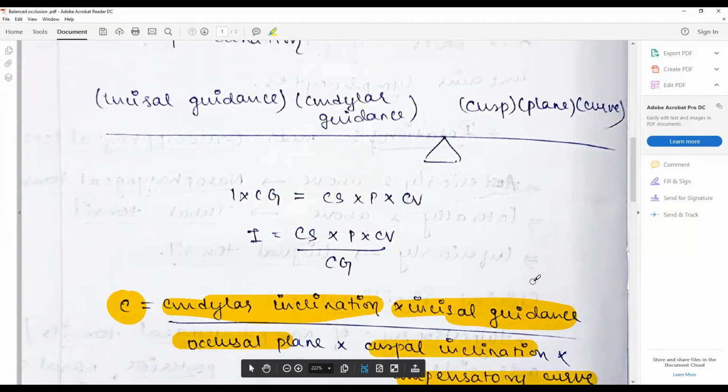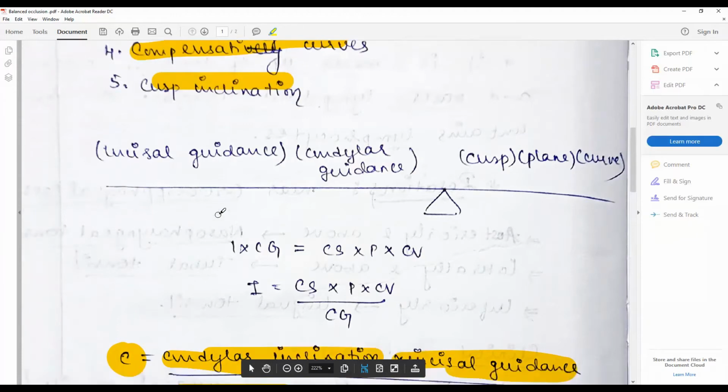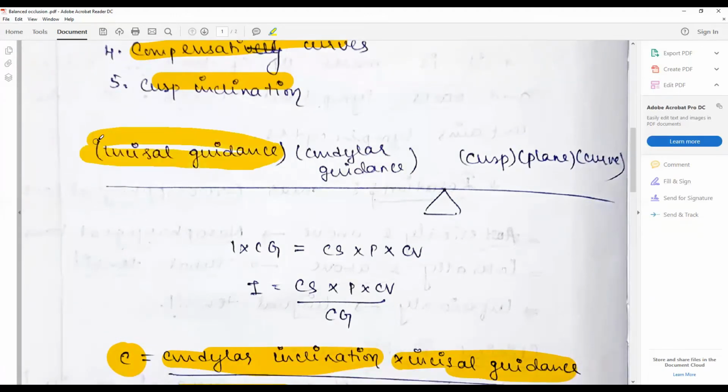This is the relationship of how to balance the incisal guidance and condylar guidance, dictated by the cuspal inclination, the plane of occlusion, and the compensatory curves. How to balance this? The candidate has to say how to balance this.